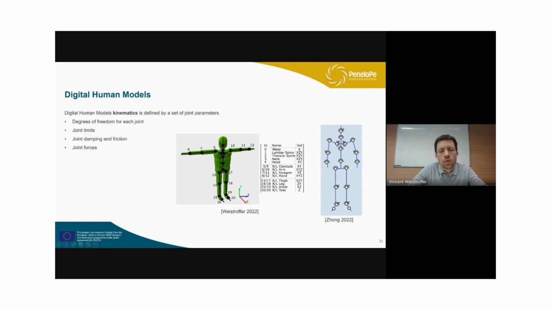It can rotate in 3 directions, X, Y, Z. Thoracic spine can also rotate in 3 directions. The head here can only move in 2 directions. And it's the same for the shoulder, the arm, the forearm, hand. Basically, you can have between 1 to 3 degrees of freedom depending on the articulation. And on the right side, you can see the description of these kinematics also.